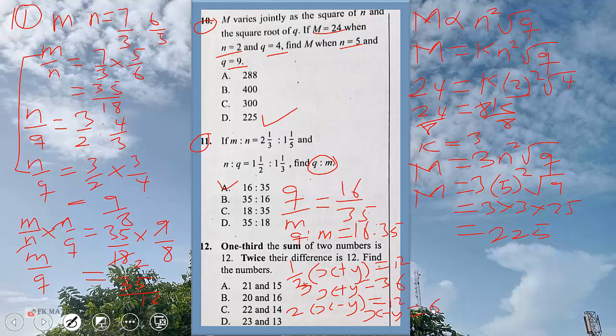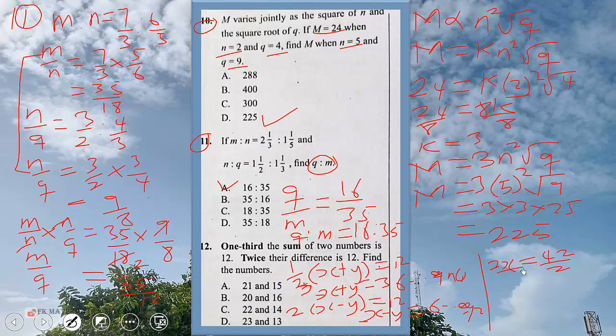So we have two equations, equation 1 and equation 2. Now, when we add the two equations, we'll get x plus x, which is 2x. The negative y plus y will be 0. Then 6 plus 36 will be equal to 42.